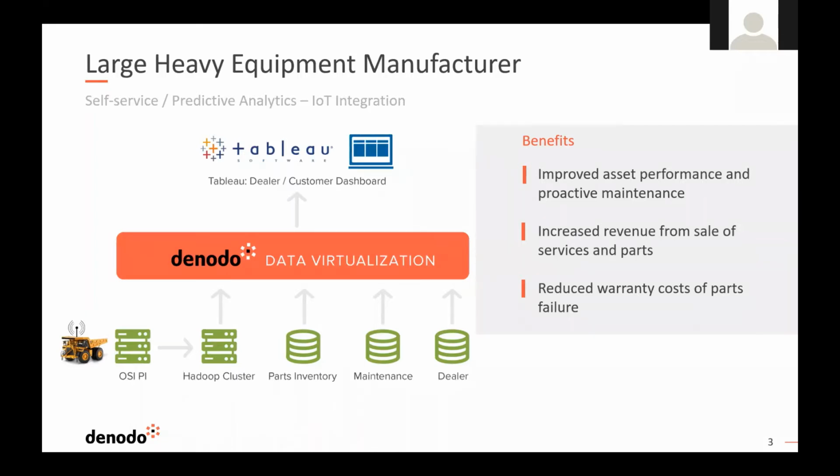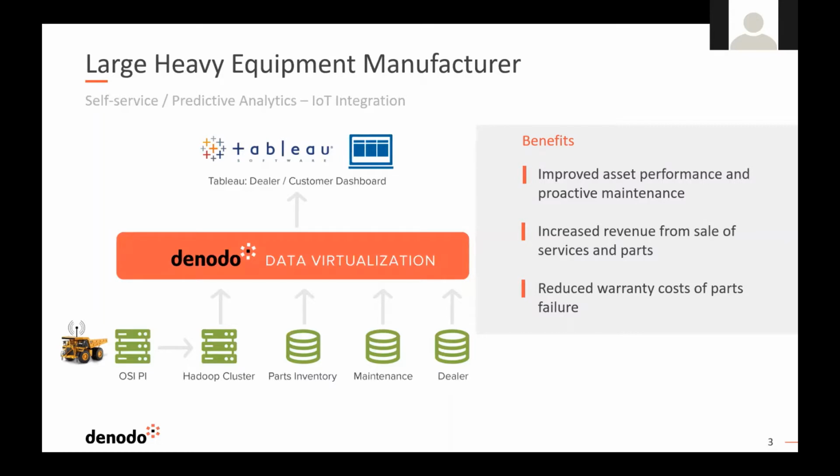So using that single platform of data virtualization, they can now do that unified operational reporting, so to provide the predictive analytics and understand exactly what is required in order to maintain the health of their machinery, of their infrastructure, as well as being able to understand what impact that has on their bottom line.